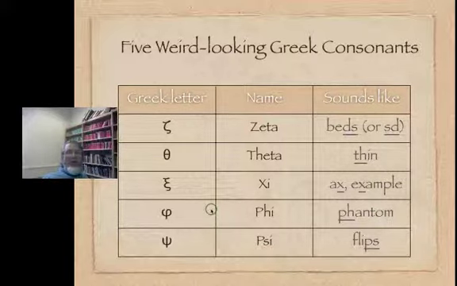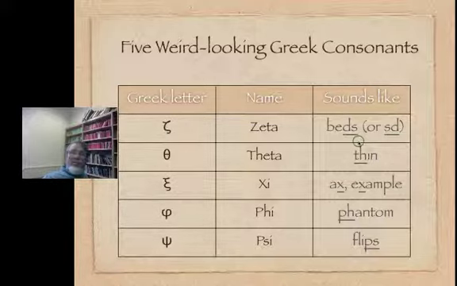And here are five other consonants that are just strange looking and frankly will take some getting used to. This one is like our Z. It's called zeta. Originally it was probably pronounced zd. We don't have many words in English that have the zd sound in them.